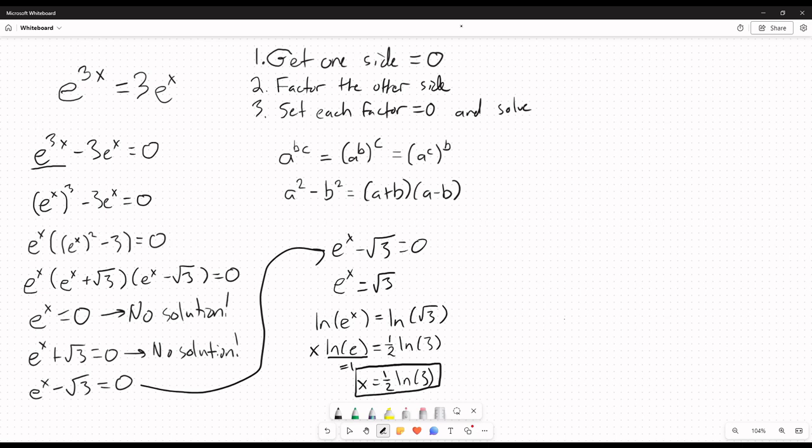But once we did get to a part where there was a solution, we needed to have e to the x on one side, some constant on the other side, really just some exponential function equals some other, hopefully either a constant or maybe another exponential function. We took the natural log to undo the exponentiation, and then we simplified to get our answer. And that's how we did that problem.